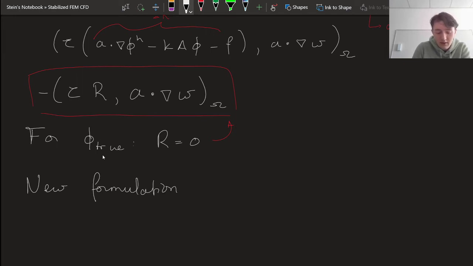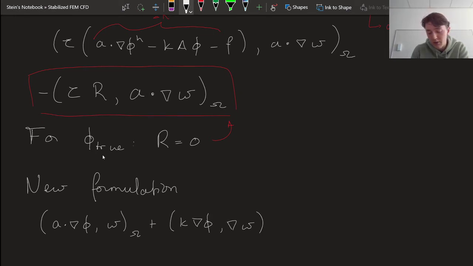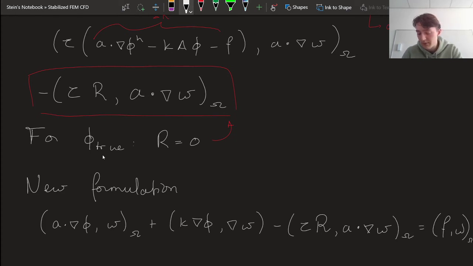Right, so just to make this very clear, the new formulation is going to be a dot gradient of phi times w plus kappa gradient of phi gradient of w minus tau times the residual of a w, or a gradient of w, and that's going to be equal to f w.